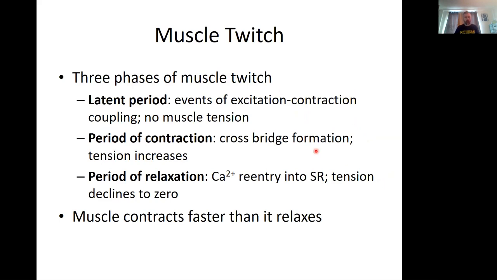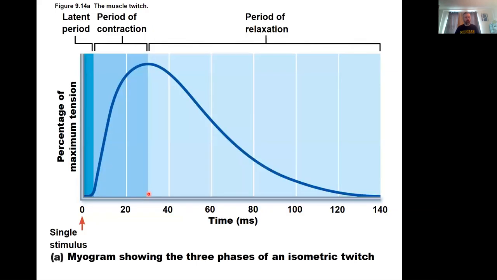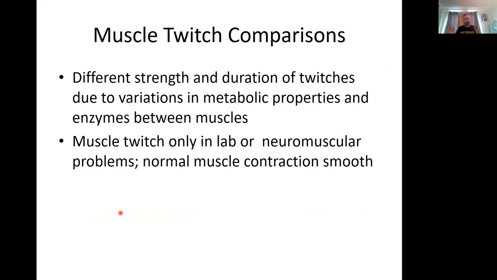But again, the key important part here is that the muscle typically contracts. This initial contraction period is much faster than the period of relaxation, right? And this is really a more typical human muscle myogram, where we have a relatively long period of relaxation and a relatively short period of contraction. Now, different muscles will operate different ways, right?